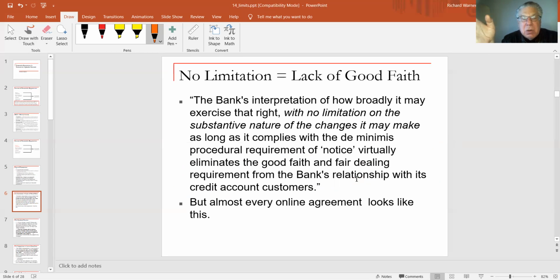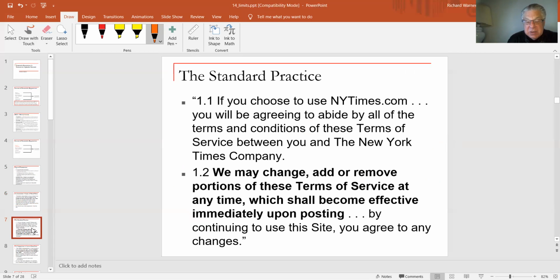But before we do, it is worth pausing to note that almost every online agreement looks like the one in this case. This is the New York Times, right? As I said, an excellent example. Look what it says.